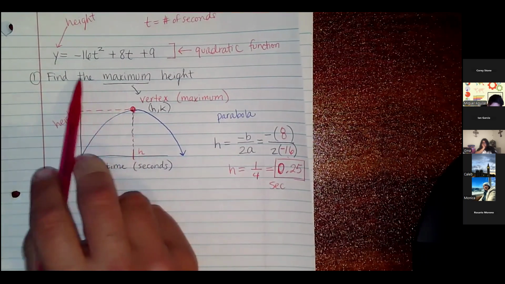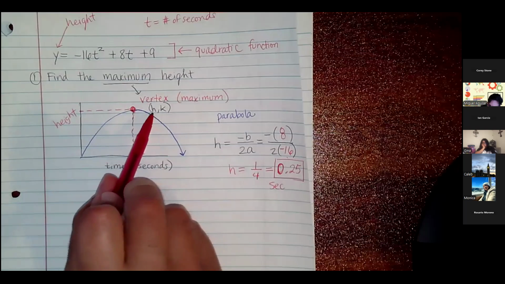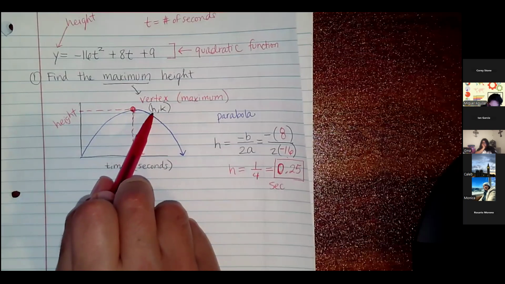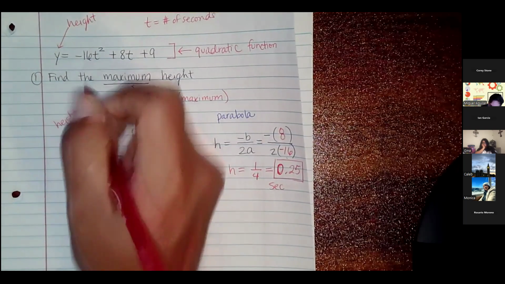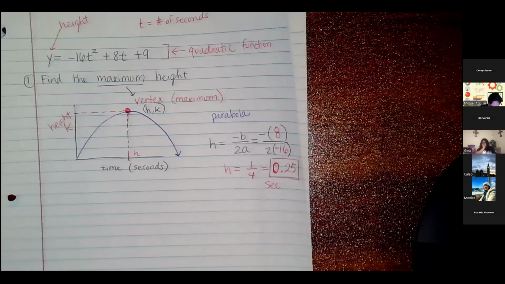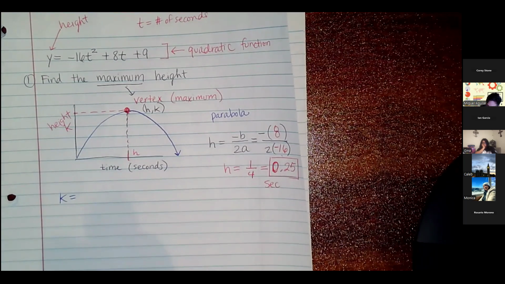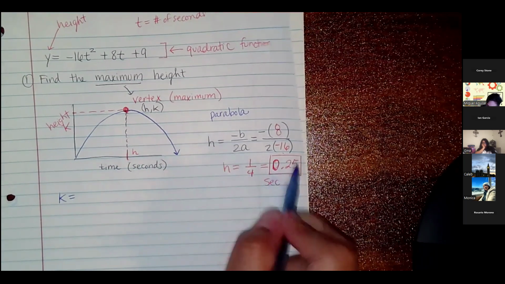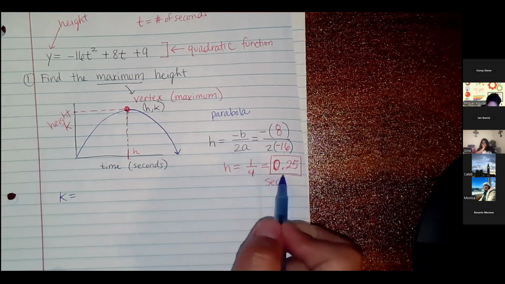But this is asking us to find the maximum height. So if the h here is seconds, then the k has to be the height. So how do we find the k if we already have the h? Yeah, I'm going to take this 0.25, or you can put it as 1/4, however you prefer, it doesn't make a difference.